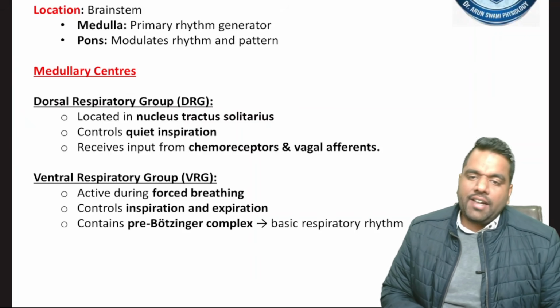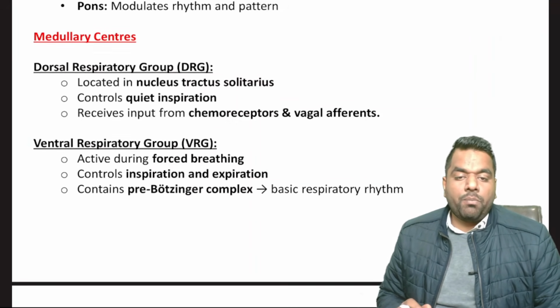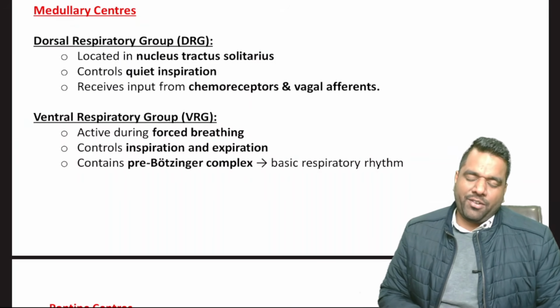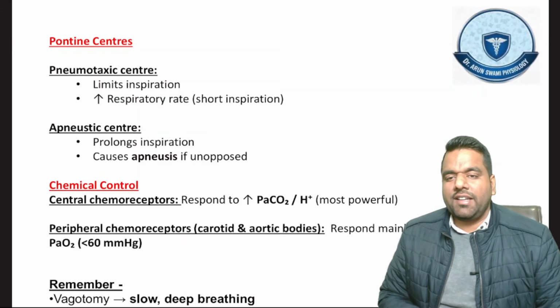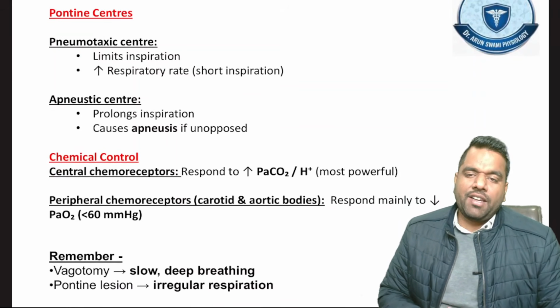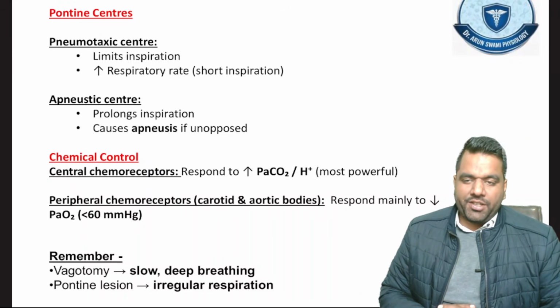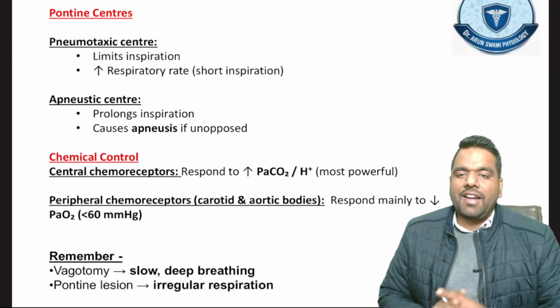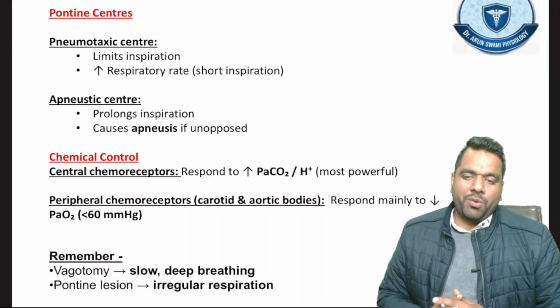Then the VRG is active during forced breathing, controls inspiration and expiration, and contains the pre-Bötzinger complex, which sets the basic respiratory rhythm. Also remember, in the pontine centers, the pneumotaxic center limits the inspiration and increases the respiratory rate, leading to short inspiration. And the apneustic center prolongs the inspiration, causing apneusis if unopposed.